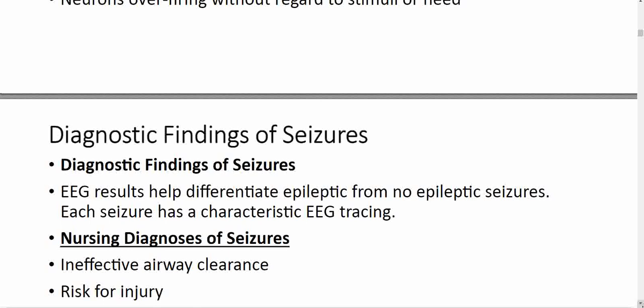Diagnostic findings of seizure, first you'll do the EEG, the electroencephalogram. Results help differentiate between epileptic and non-epileptic seizures. Each seizure has a characteristic EEG tracing, because with the electroencephalogram, all the nodes are attached on your head, and the sequence of firing of your impulses is indicated on the screen.